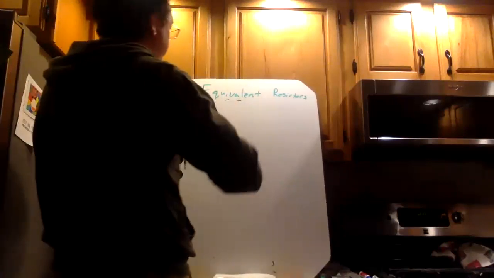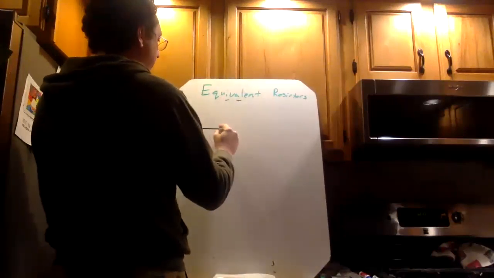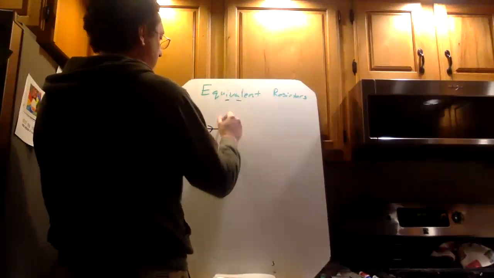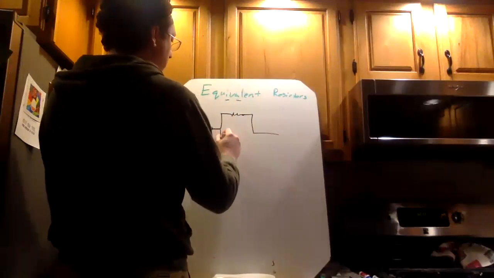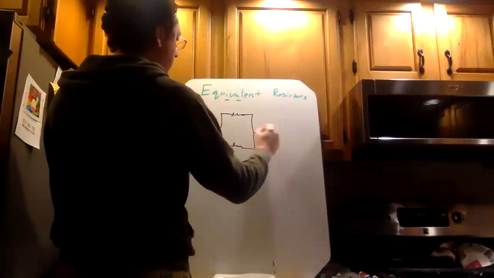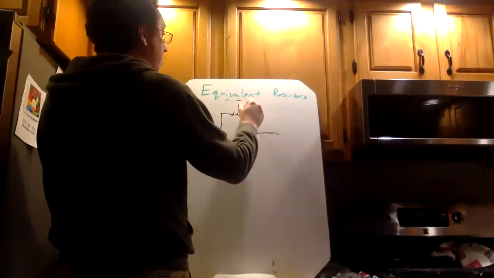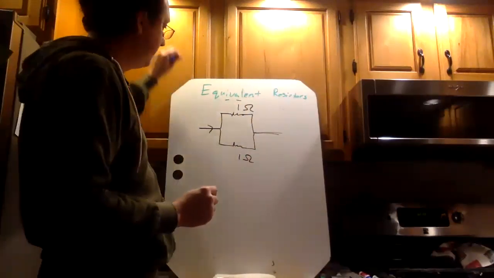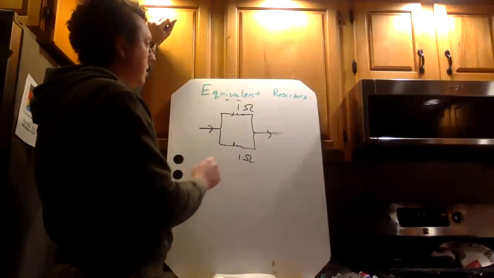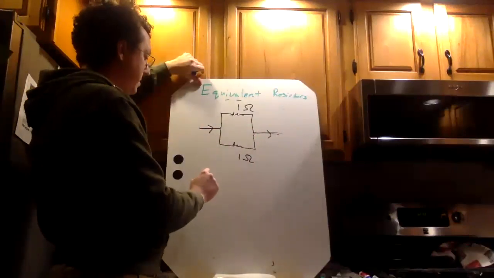Let's imagine that I had some sort of a resistor, and let's imagine I had 2 1-ohm resistors in parallel. Let's find the equivalent resistance.